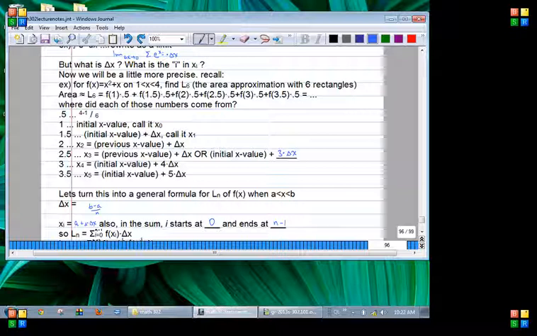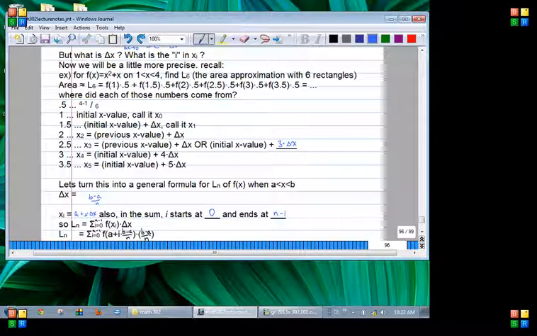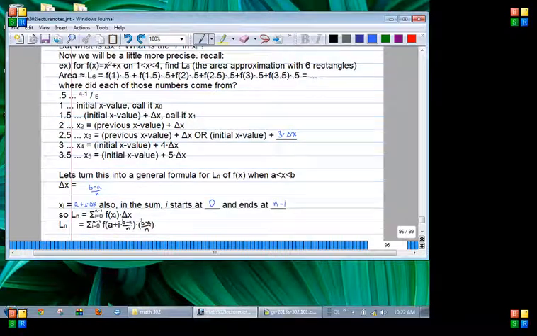We already know that the sum over i goes from 0 to n minus 1. Second, what is xi? We now know the more rigorous formula for xi, and we also know the formula for delta x. So now the formula for Ln looks like this. i is going to start at 0. So that's a good question.